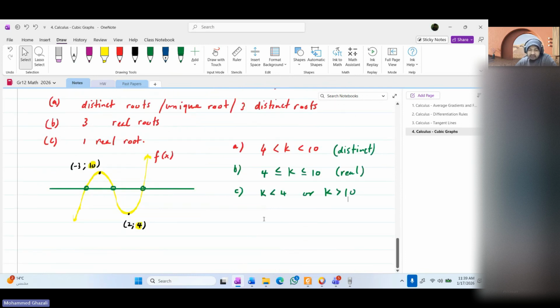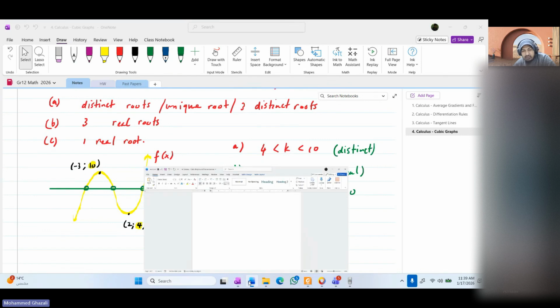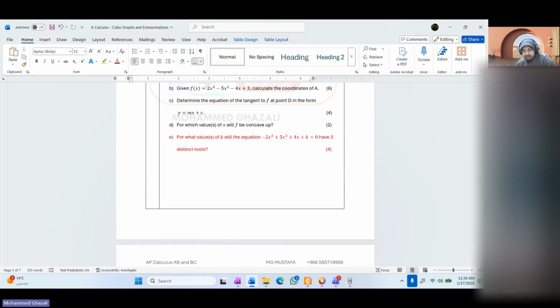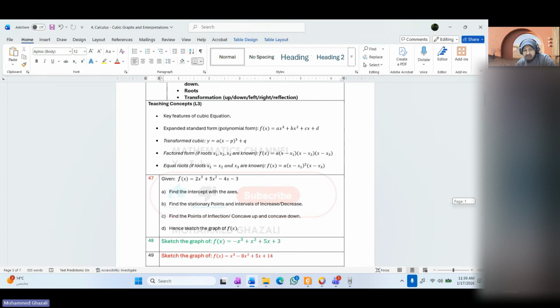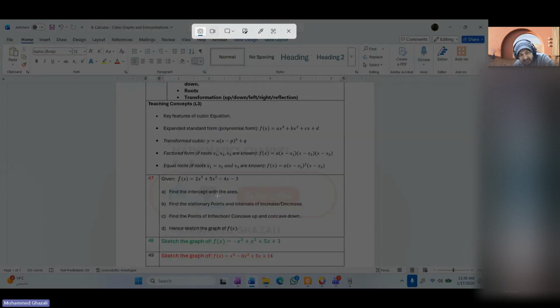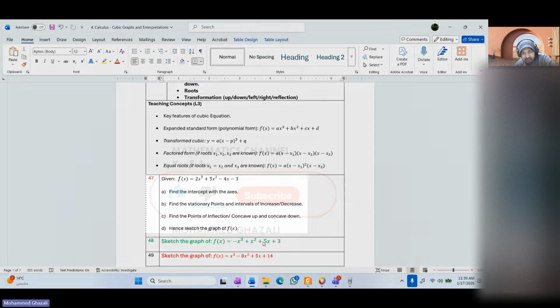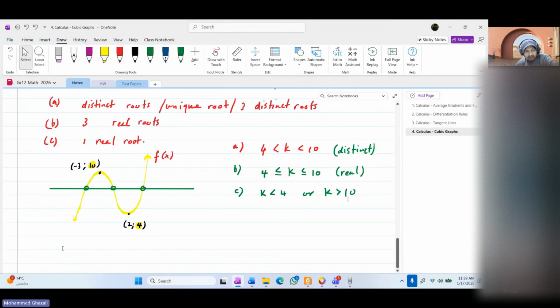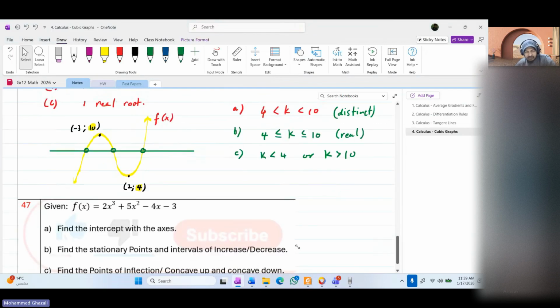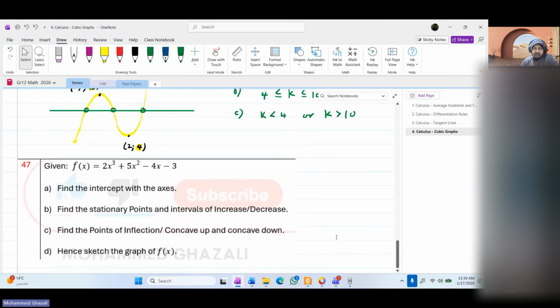Right, now we can start with our cubic equation. So the cubic equation that we want to solve is this. We want to sketch the graph of this. Now, there's a process in sketching the graph. So if you're looking at all of these questions, see what is asking you for. We have a cubic equation, which is 2x cubed plus 5x squared minus 4x minus 3, right?